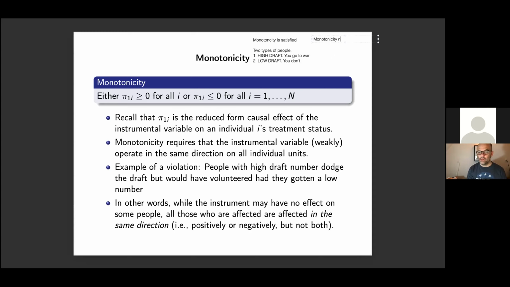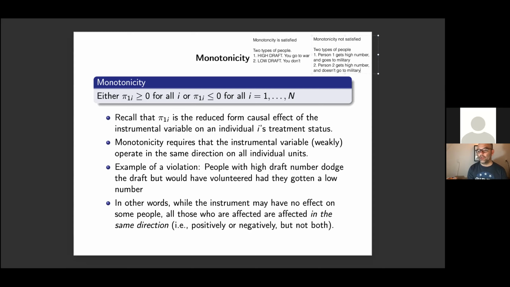Monotonicity not satisfied. Two types of people. Person one gets a high number and goes to the military. Person two gets a high number and doesn't go to the military, or evades and doesn't go.